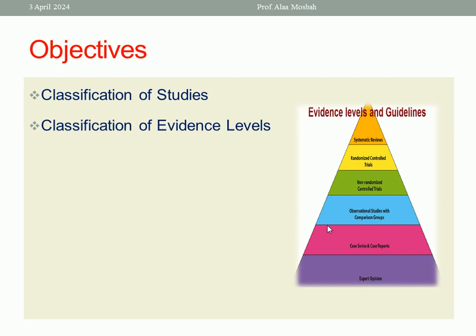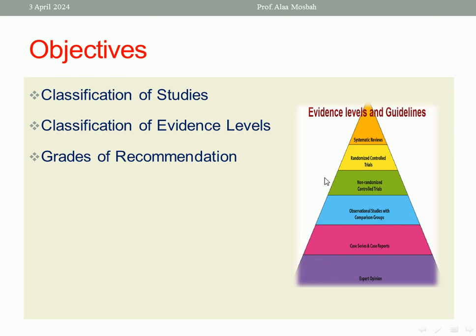Second is the classification of evidence levels 1, 2, 3, and 4. Third is the grades of recommendation A, B, C, D. And you can see here the hierarchy of the level of evidence.